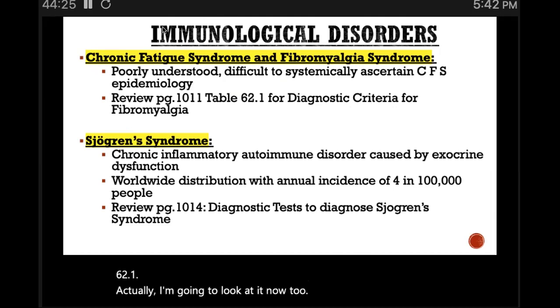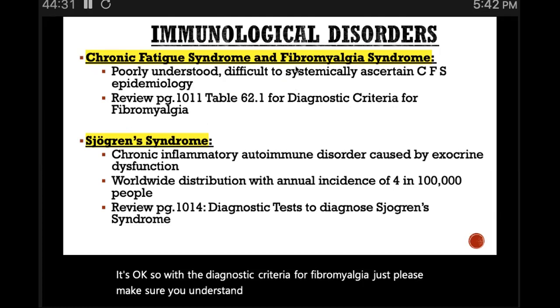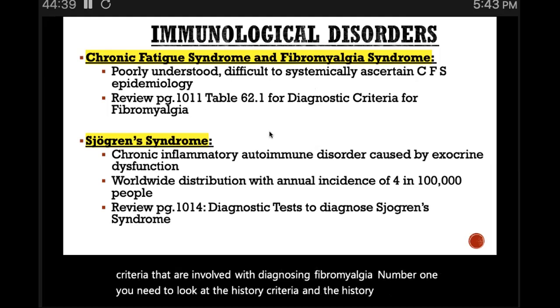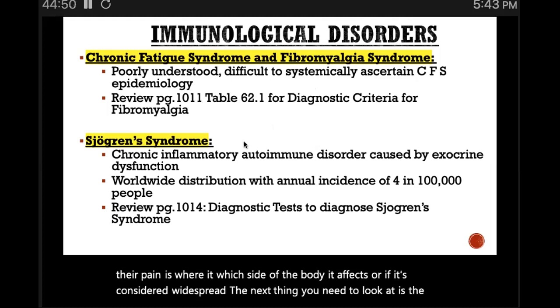Okay, so with the diagnostic criteria for fibromyalgia, please make sure you understand that there are two different types of criteria involved with diagnosing fibromyalgia. Number one, you need to look at the history criteria and the history of where their pain is, which side of the body it affects, or if it's considered widespread. The next thing you need to look at is the actual pain criteria itself.